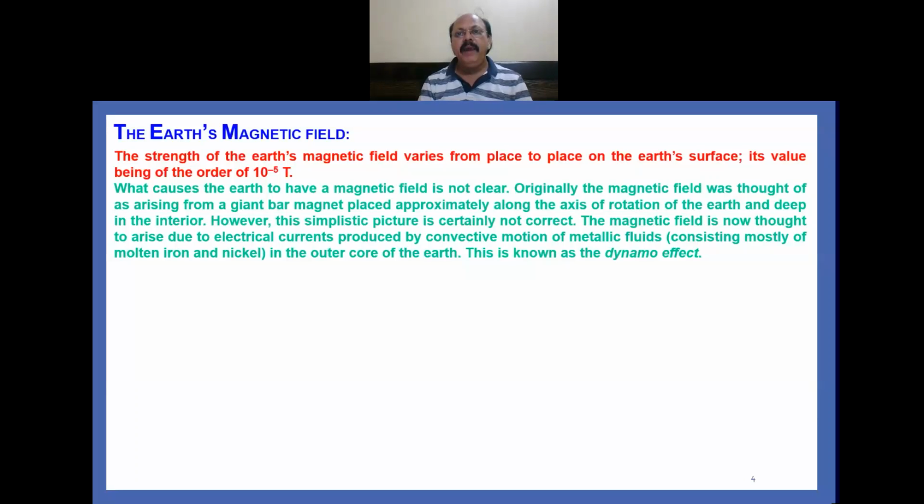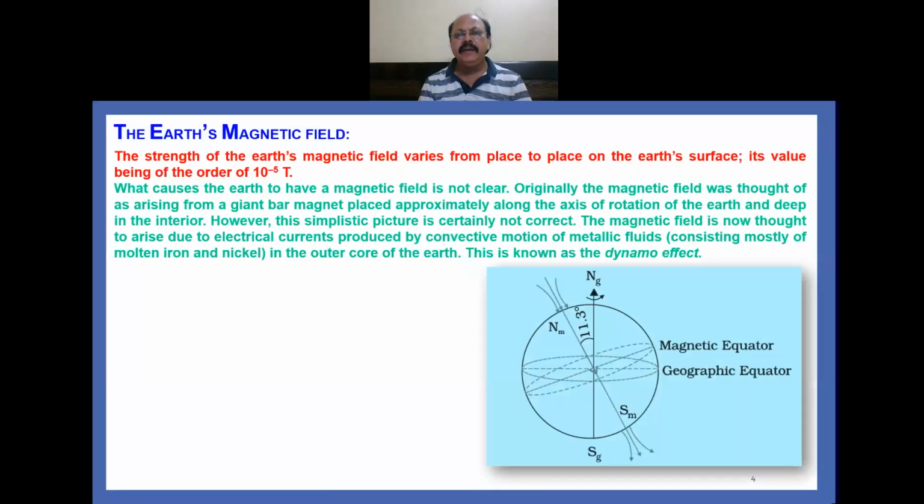The magnetic field is now thought to arise due to electrical currents produced by the convective motion of metallic fluids, mostly consisting of molten iron and nickel in the outer core of the Earth. And this effect is also known as the dynamo effect.